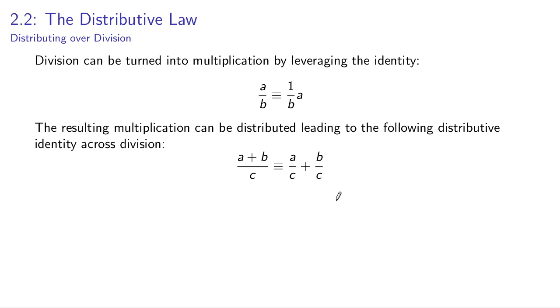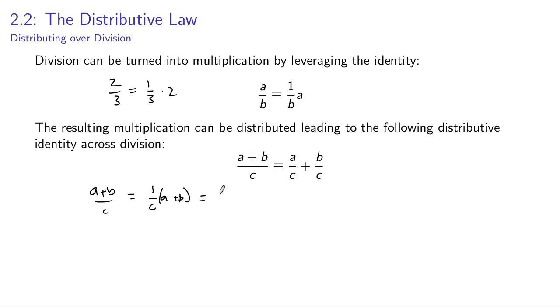What about division? Well, we can distribute division by turning a division problem into a multiplication problem. Remember, division is the same as multiplying by the reciprocal. So if we have 2/3, that's the same thing as 1/3 times 2. So we can then turn a division problem like this, a plus b over c, into a multiplication problem like this, 1 over c times the quantity a plus b.